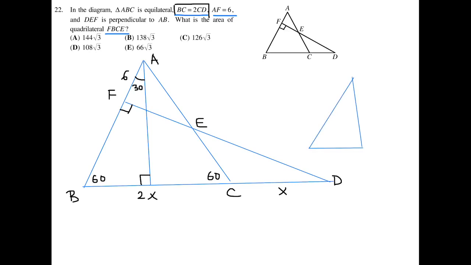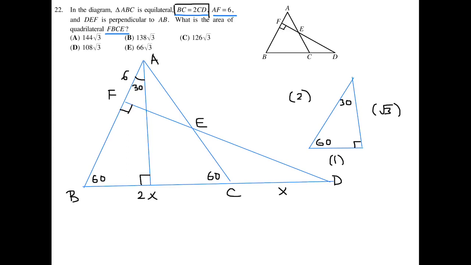Now, whenever you have a 30, 60, 90 triangle, and this is going to come up again and again during your math contests, there's a relationship between the sides. The side opposite 30 degrees is 1, not the value necessarily, but the ratio. This is 2, the hypotenuse, and this is root 3. Okay? And that's very important to remember.